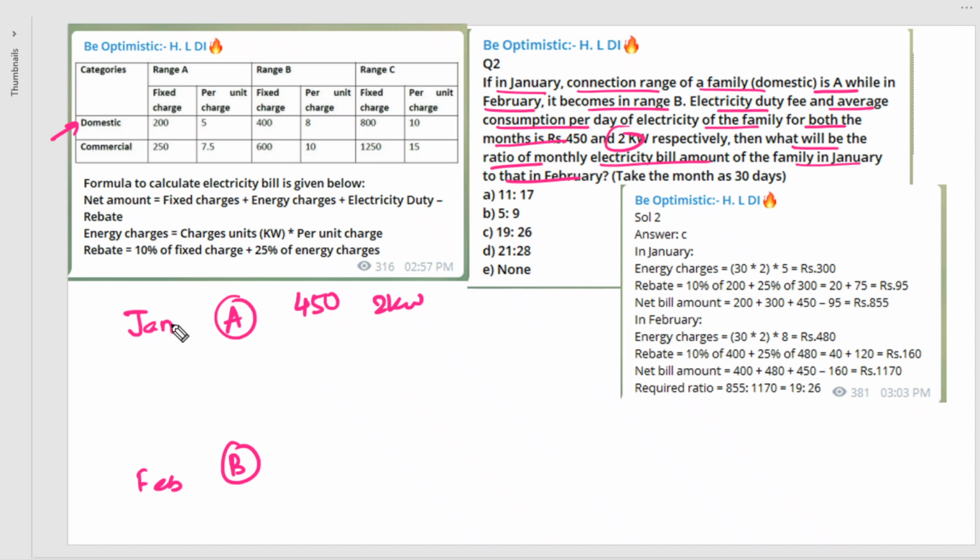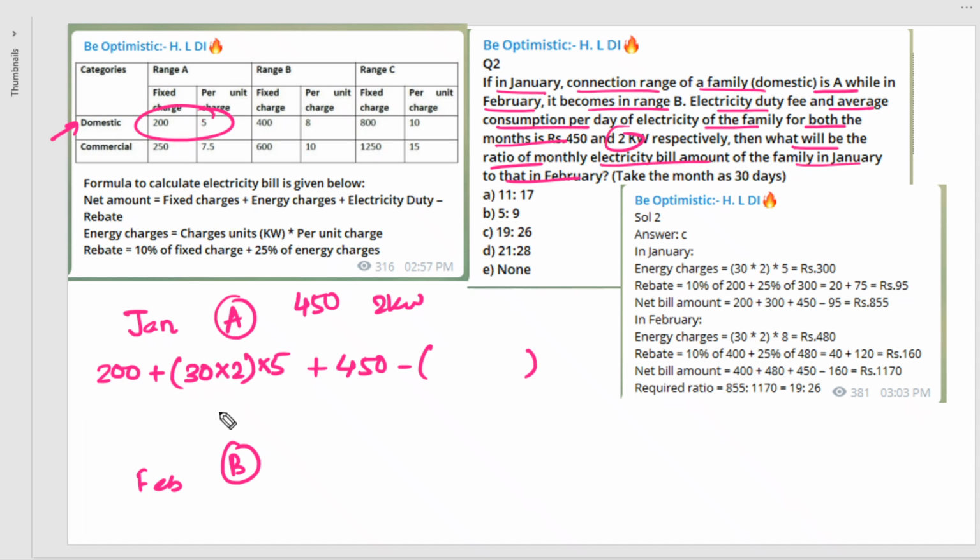First of all, for January this is range A. So the fixed charge is 200 plus your per day consumption of 2 kilowatts. So in 30 days it is 30 into 2, and this is your consumption, and your per unit charge is 5, so into 5 plus electricity duty, that is 450, minus your rebate.